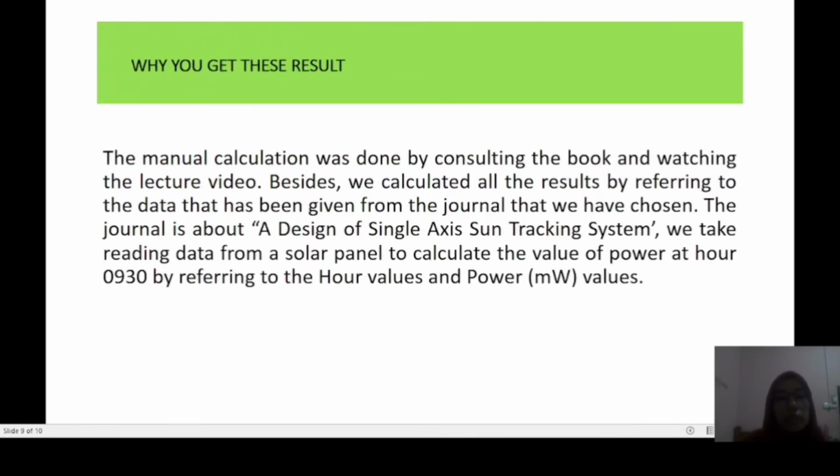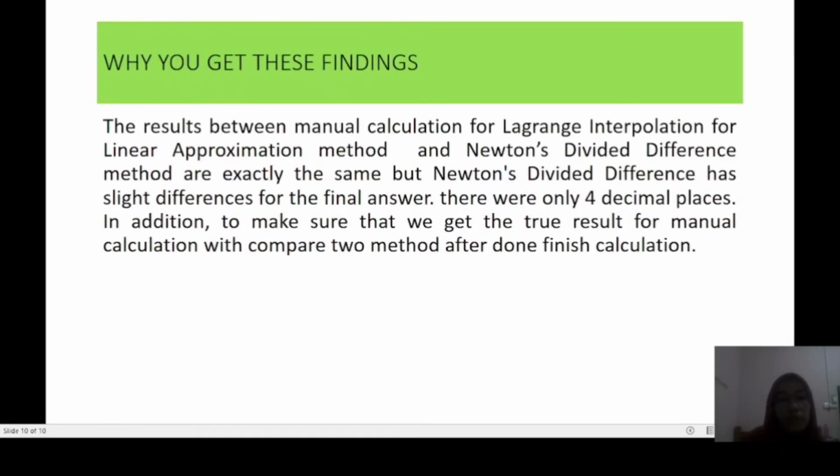Why do you get this result? The manual calculation was done by consulting the book and watching the lecture video. Besides, we calculate all this result by referring to the data that has been given from the journal that we have chosen. The journal is about a design of single axis tracking system. We take reading data from a solar panel to calculate the value of power at hour 0930 by referring to the hour value and power value.